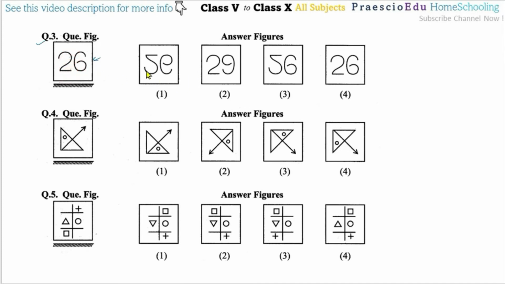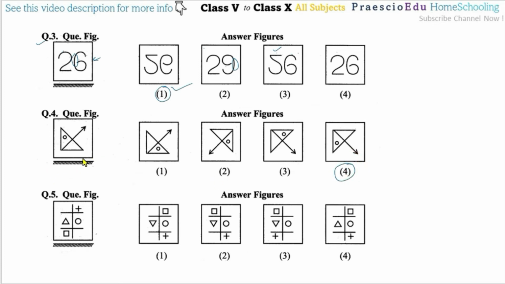If you identify clearly you will see option number 1 is the correct one, because the 6 looks different, meaning this portion is in right and left reflection. And 2 is as it is, so keep it the same, and here the 6 is as it is. The same figure is mentioned, so option number 1 is the correct one.